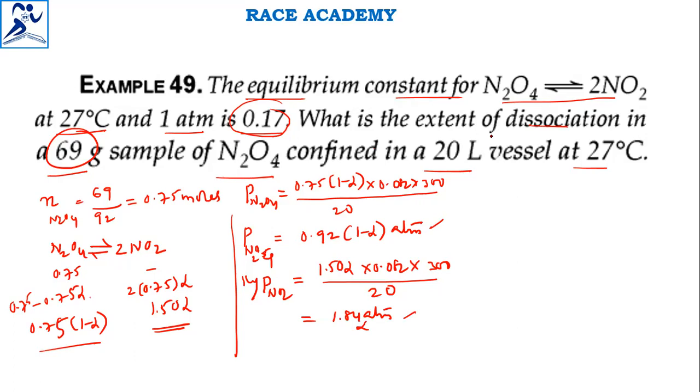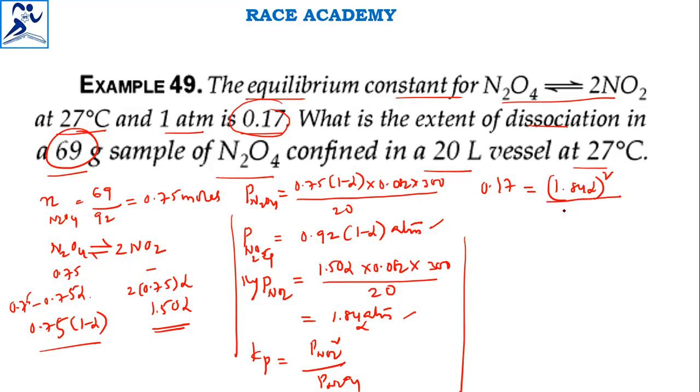The question is, what is the extent of dissociation? That can be calculated using the Kp expression. The Kp expression from the given equation is partial pressure of NO2 whole square divided by partial pressure of N2O4. The Kp value given in the question is 0.17. We can substitute: 1.84 alpha whole square divided by 0.92 into 1 minus alpha.